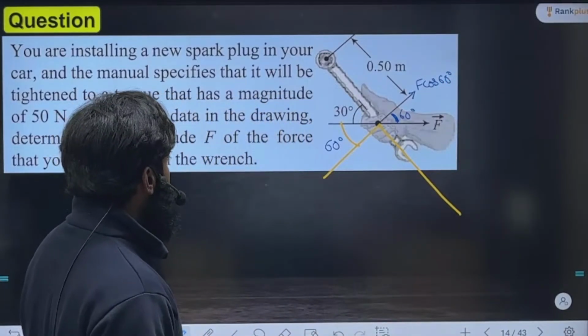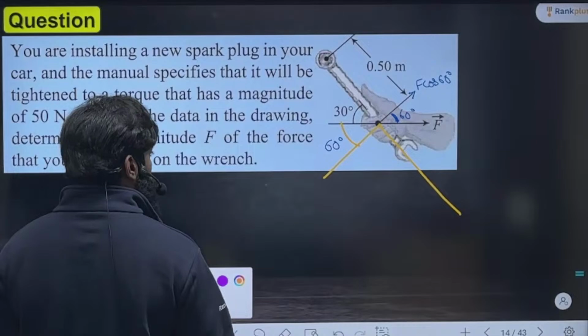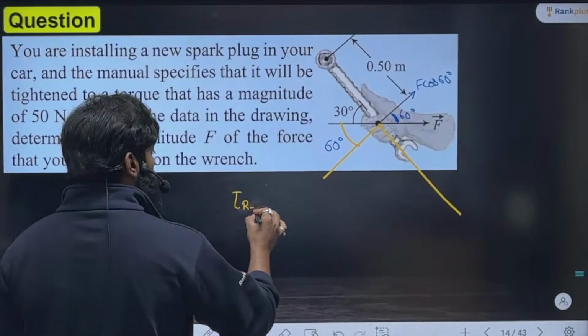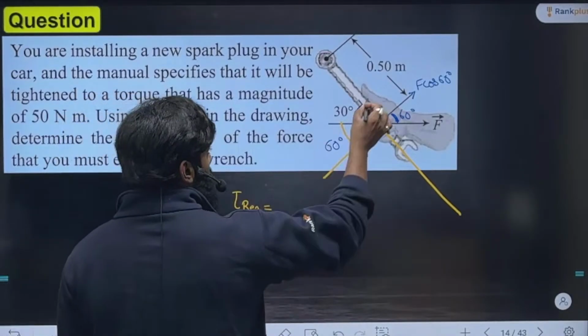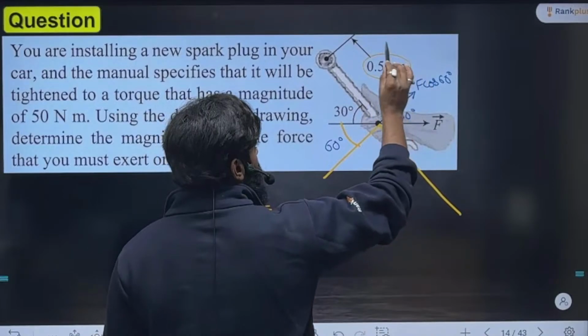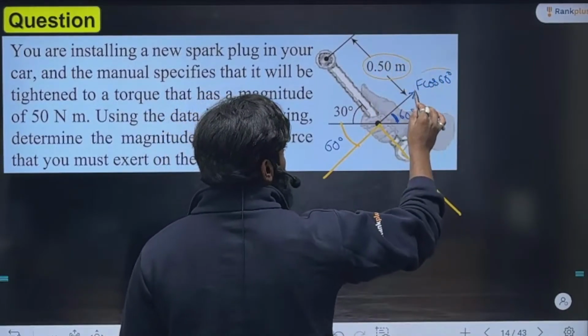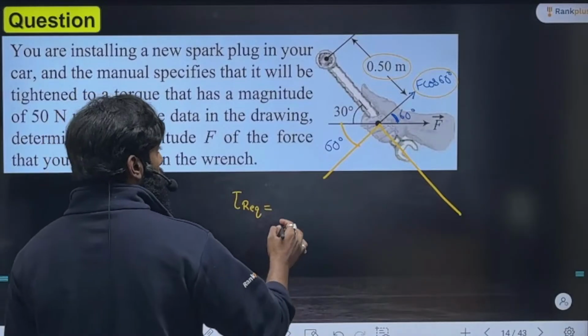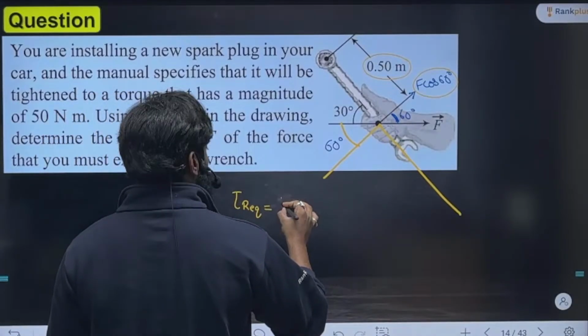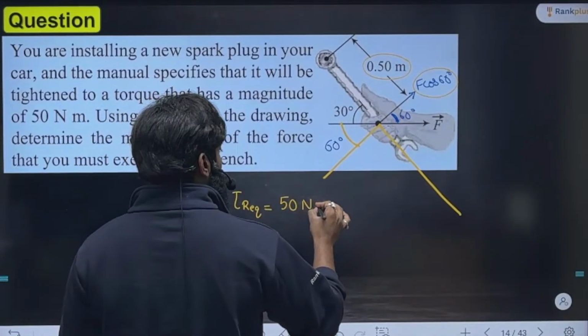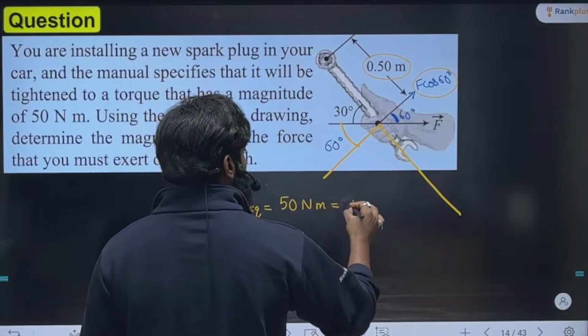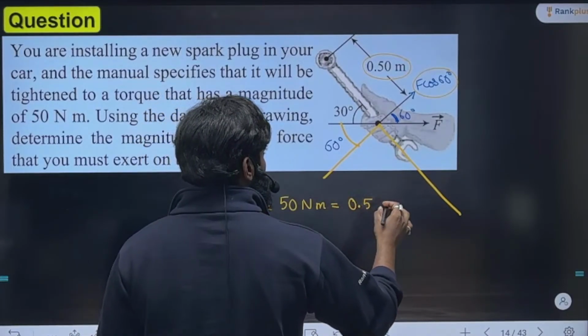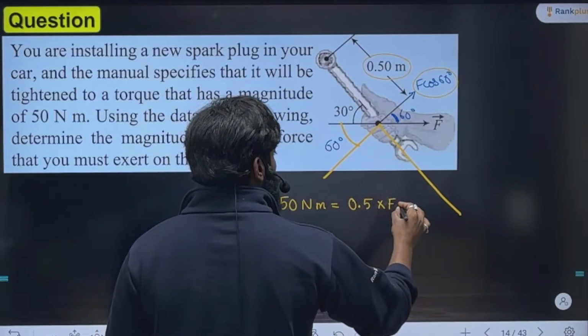Okay. So to get the force, the torque required is equal to, see, I need to take the perpendicular distance and the perpendicular component of the force. So that will be 50 Newton meter is equal to 0.5 into F cos 60 degree.